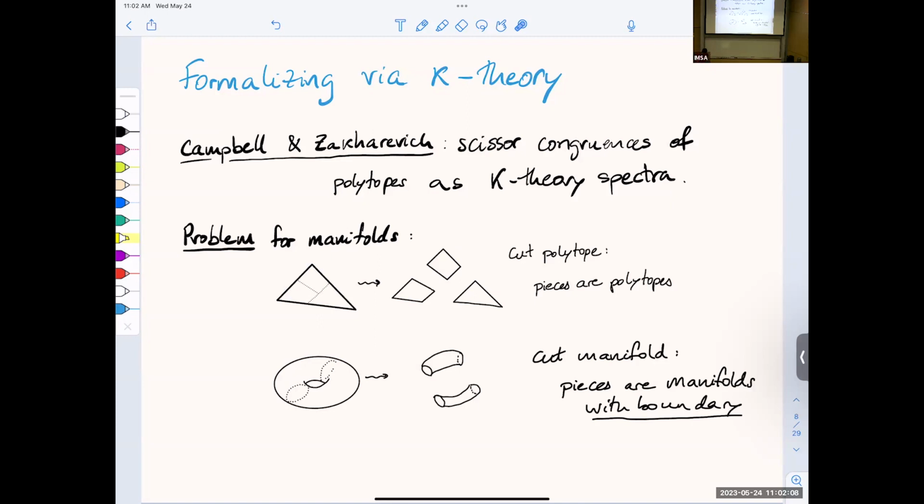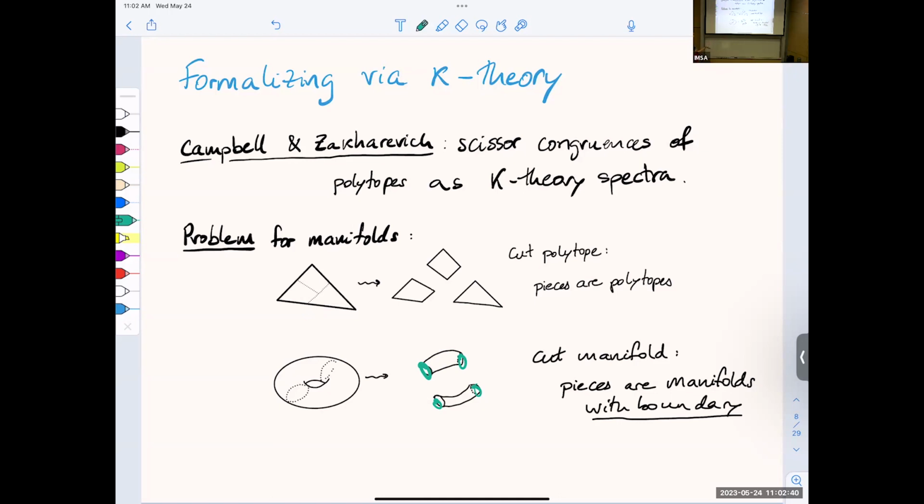With manifolds, in the classical theory, we saw how we started with closed manifolds. When you take a closed manifold and cut it into pieces, the resulting pieces are also manifolds, but they are manifolds with boundary. So even philosophically, there's already a difference between the situation with polytopes and the situation with manifolds.